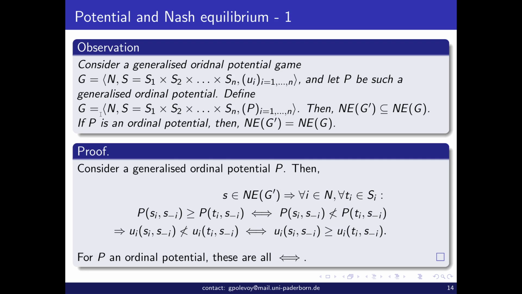Now, if the potential is not just a generalized ordinal potential, but a full-fledged ordinal potential game, then the implication in our proof becomes simply an equivalence, and then we also have that a profile is a Nash equilibrium in the game where we have replaced the utilities with potentials if and only if it's a Nash equilibrium in the original game.